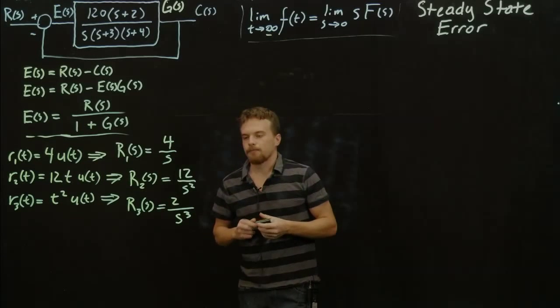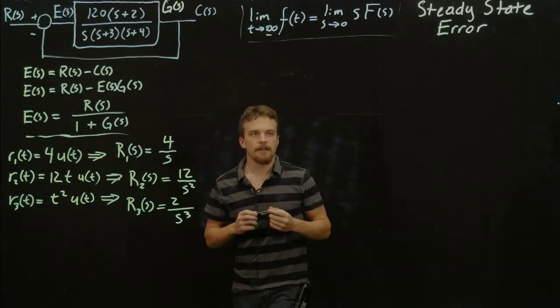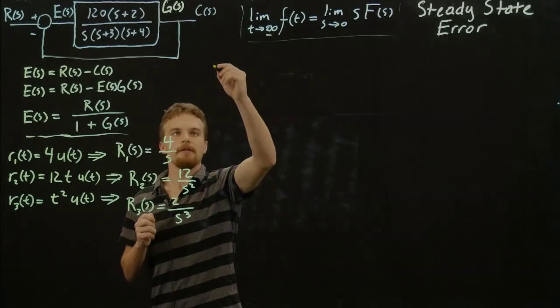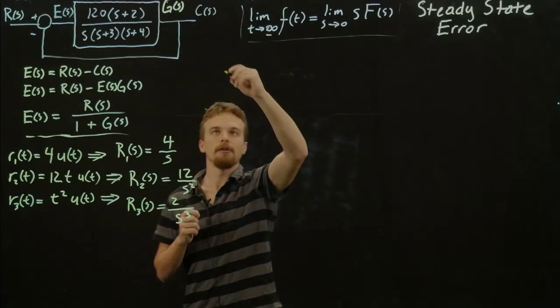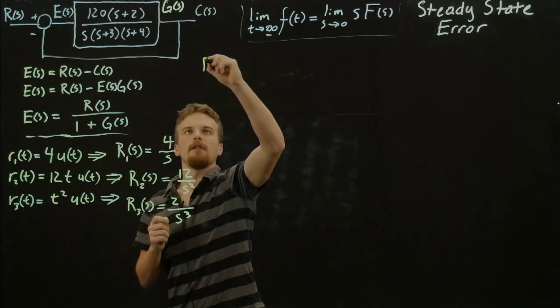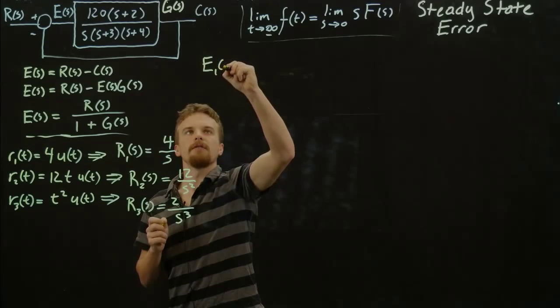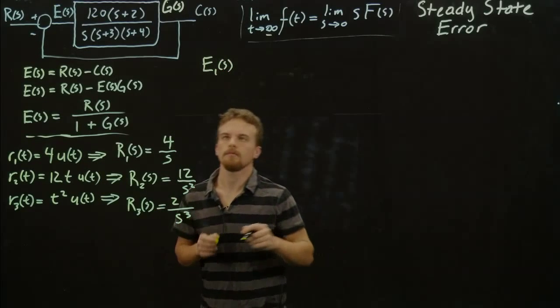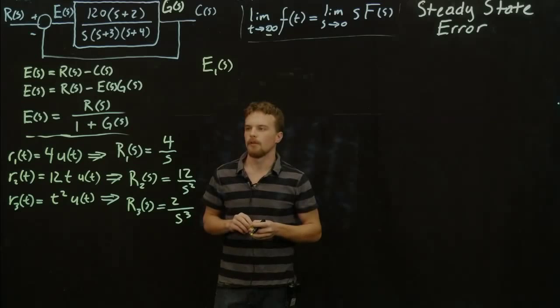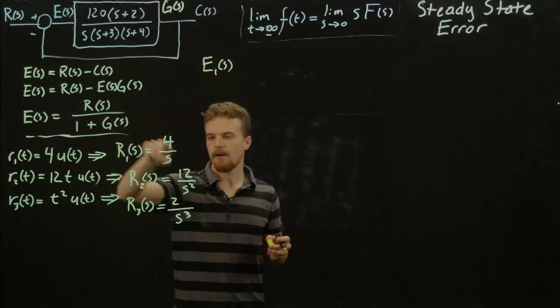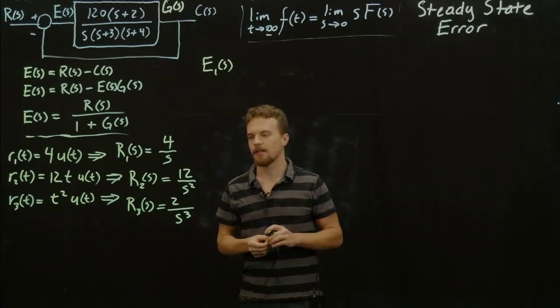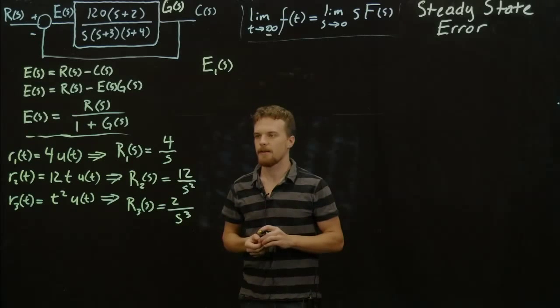Okay, let's number our different errors 1 to 3 as well, the different errors from our different inputs. E1 of s would be equal to this expression with R of s set to 4 over s.